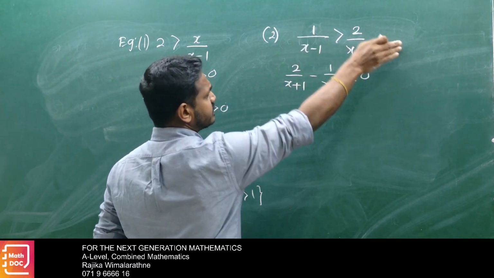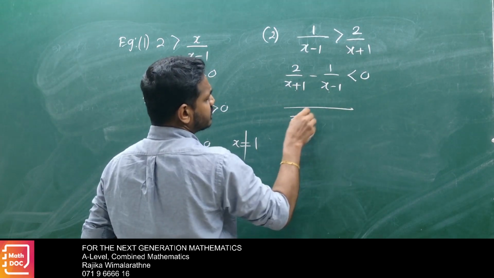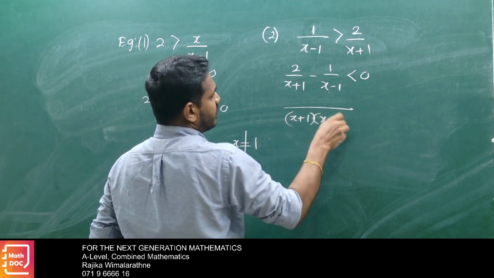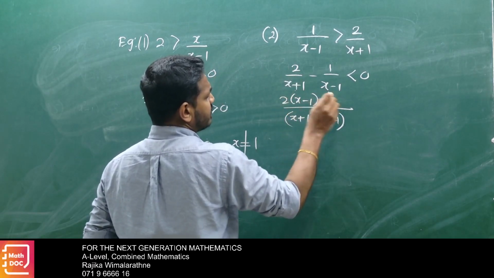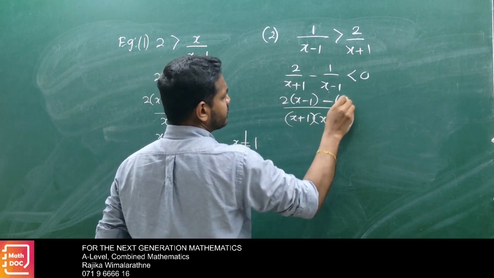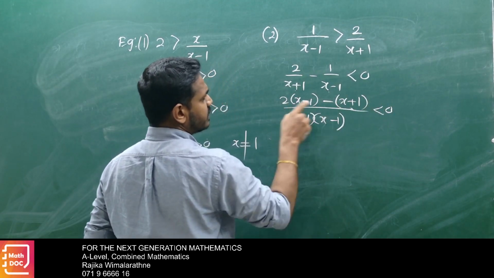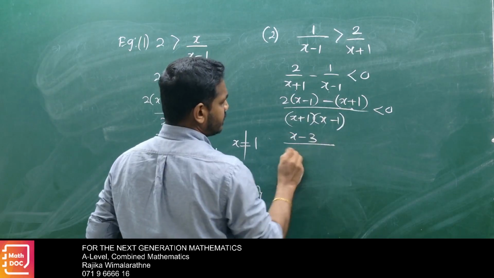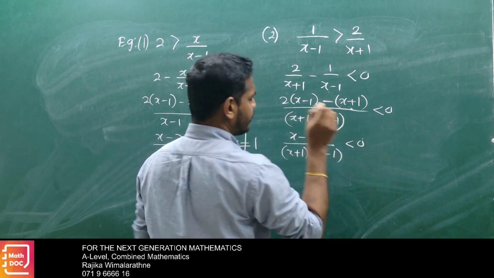Now get a common denominator, (x plus 1)(x minus 1). 2 times (x minus 1) minus 1 times (x plus 1) less than 0: 2x minus x, minus 2 minus 1, so x minus 3 over (x plus 1)(x minus 1) less than 0.